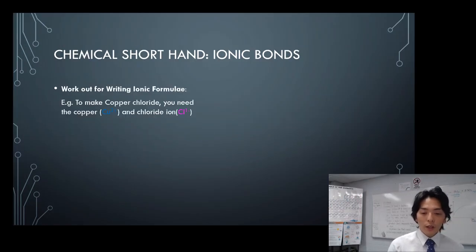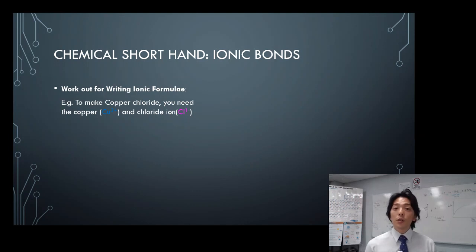Alright, let me show you the working. In this example, I'm using the copper 2 ion and also a chloride ion. Normally the chloride ion is written as Cl-, not Cl1-, but in this case I'm just showing the valency of the ion. Cu2+ is there and Cl- is there, so the element and the charge are written. Then you cross over the numbers, so crisscrossing needs to be done.